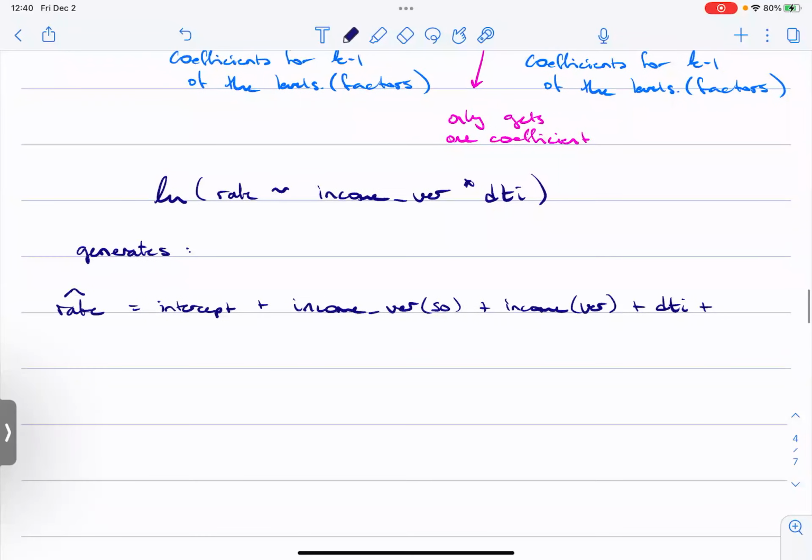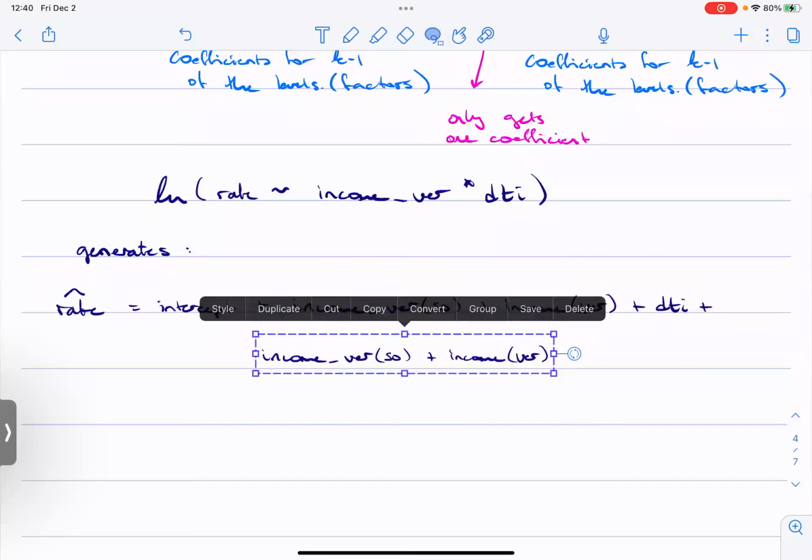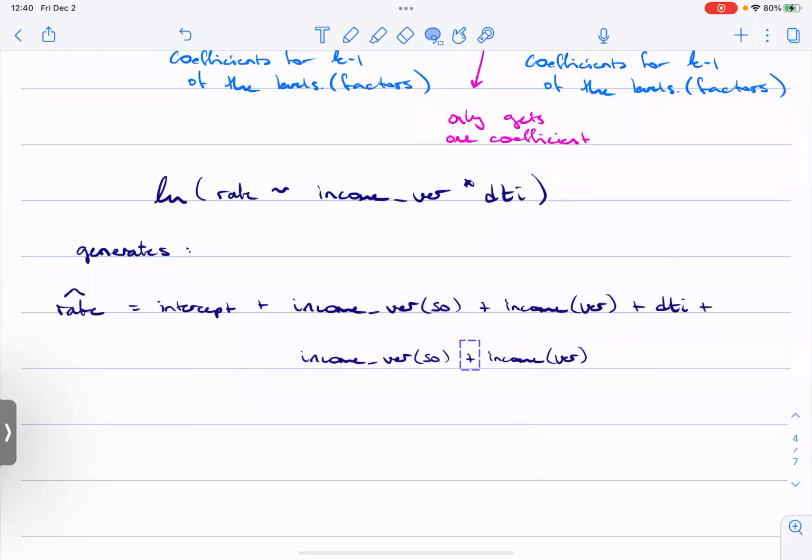You know what? I've made it this far, and I've got the technology. Let's use it here. Let's get this over here. So times DTI plus times DTI. I'm pretty sure that's what it would generate if you had these multiple categorical levels multiplied by a numerical variable.